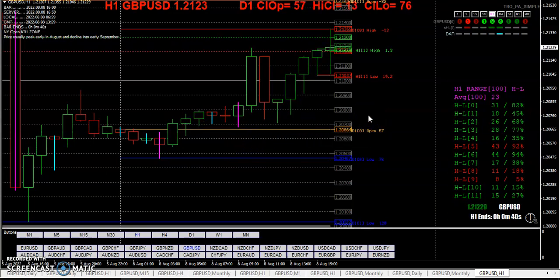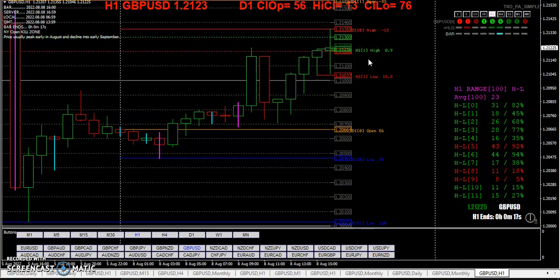So they might look for more imbalances to be filled. And so that is how they trade.